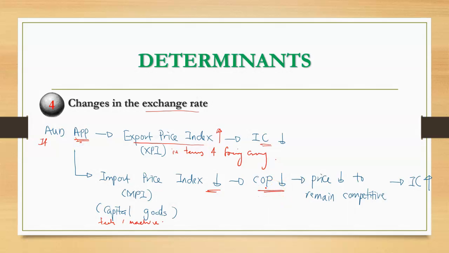In layman's terms, it means we can buy cheaper machines from other countries because our currency is stronger. So in that case, again, companies may reduce price to remain competitive. If they export whatever product they produce using the imported machines, the cost will be lower, and their competitiveness will be higher.